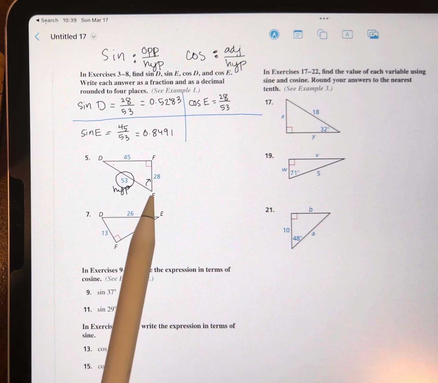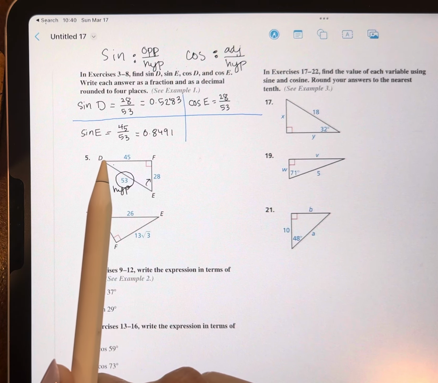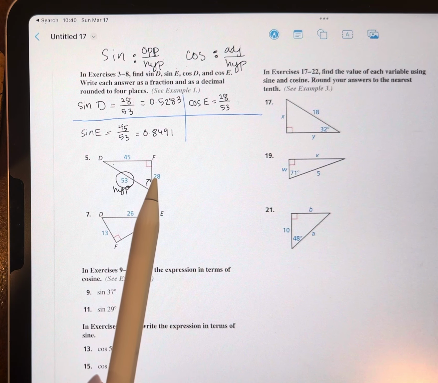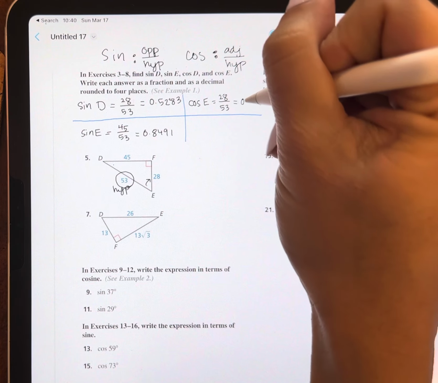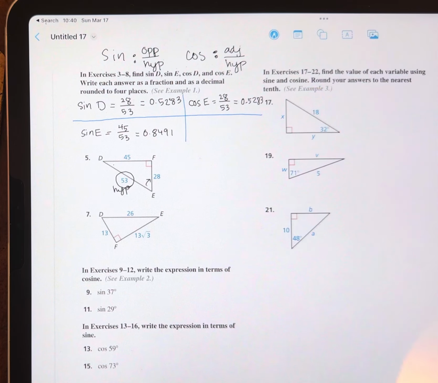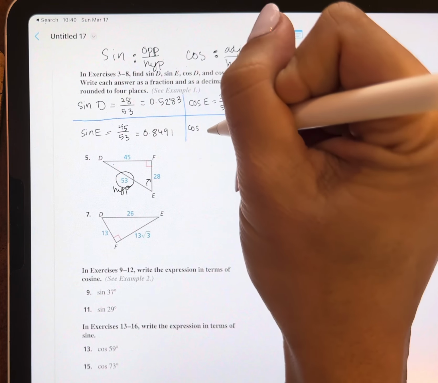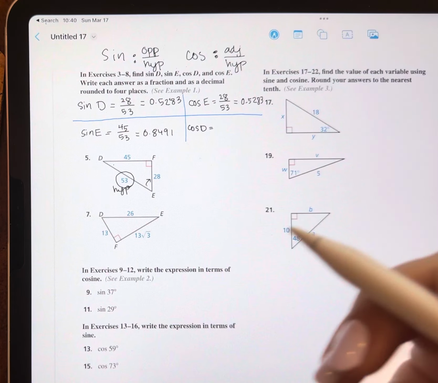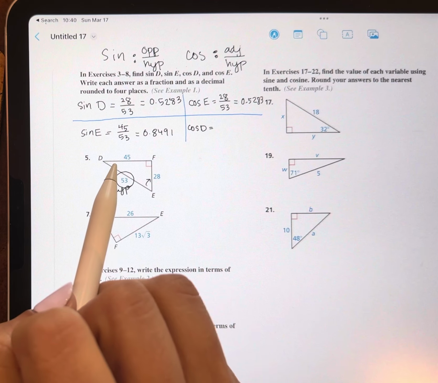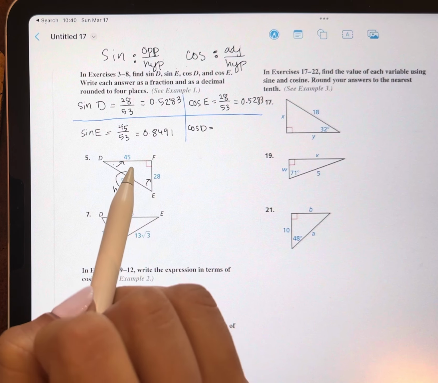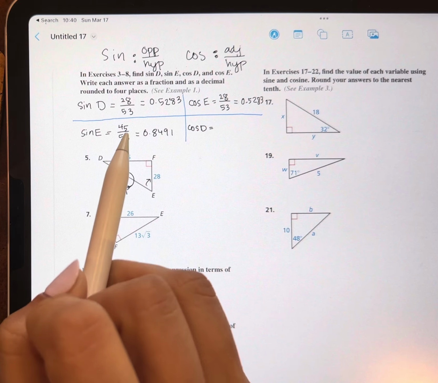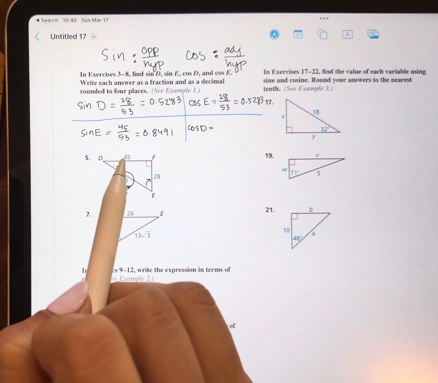In the same triangle, the side opposite D is the same as the side adjacent to E, which is why, within every right triangle, that's what happens. So this is the same problem I already did, 0.5283. And what do we think will happen with cosine of D? If I'm standing at D, adjacent to D is that 45, which is the same as opposite of E when we did sine.